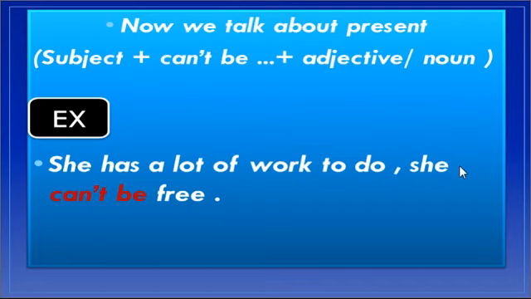Let's have an example. She has a lot of work to do. She can't be free. هي مستحيل تكون فاضية. ليه؟ She has a lot of work to do. هي عندها عمل كتير. هنا expressing a certainty by using can't be in the present: certainty and inability in the present.